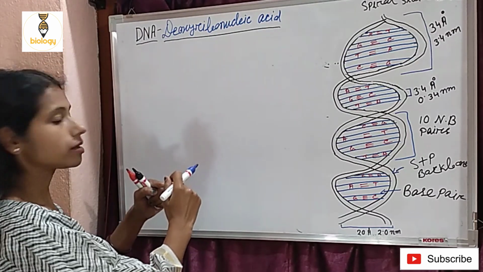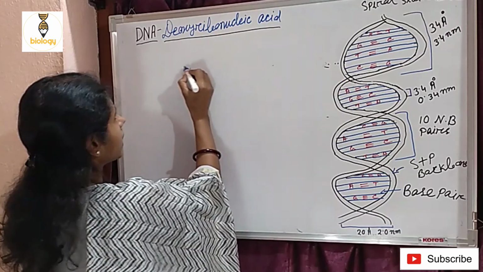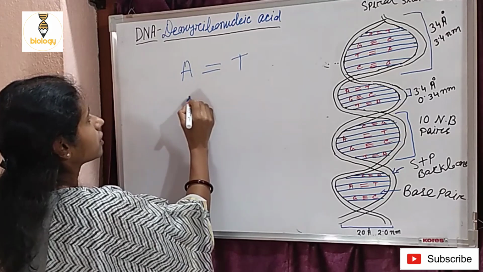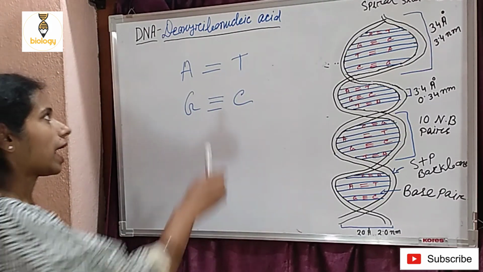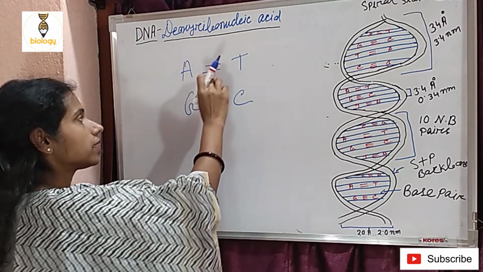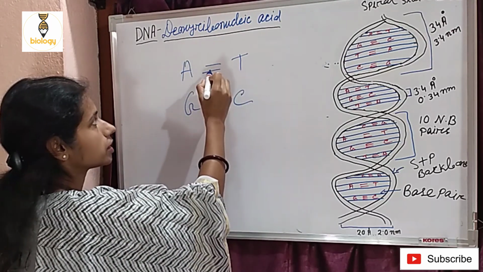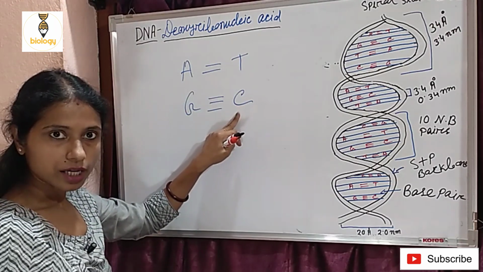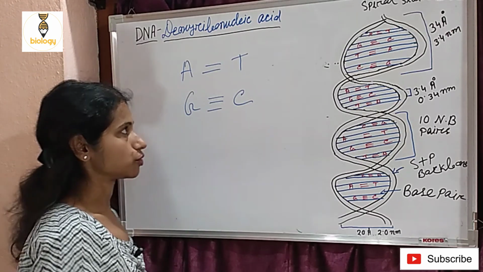Adenine always bonds with thymine and guanine always bonds with cytosine, by weak hydrogen bonds. Adenine bonds with thymine with two hydrogen bonds, and guanine joins with cytosine with three hydrogen bonds. That is the difference between these two.